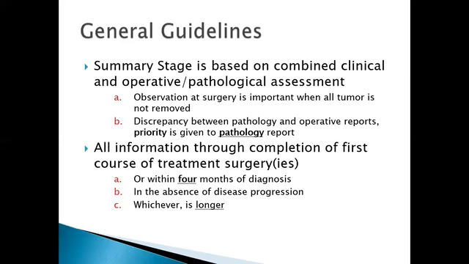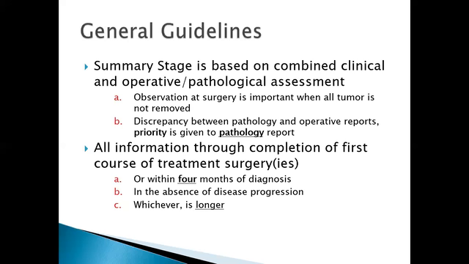If there is a discrepancy between the pathology and the operative reports concerning the excised tissue itself, priority is given to the pathology report. But just remember that there are going to be times that the pathologist doesn't have all the information from the surgery. So if you know there was disease left over and the pathologist doesn't know that, you can use the information from the op report.